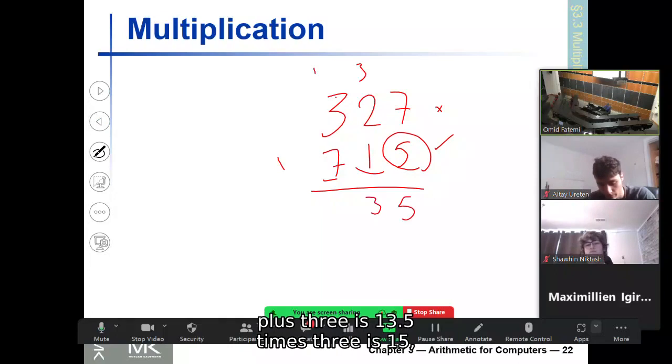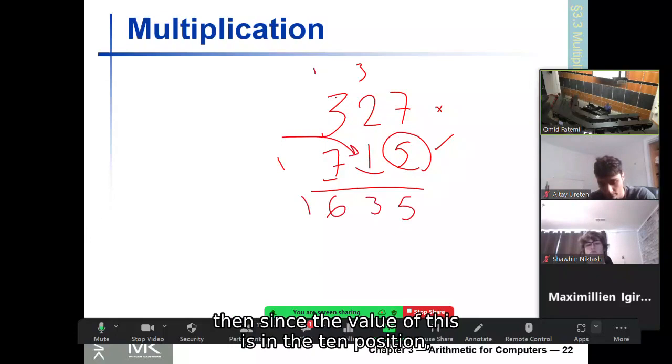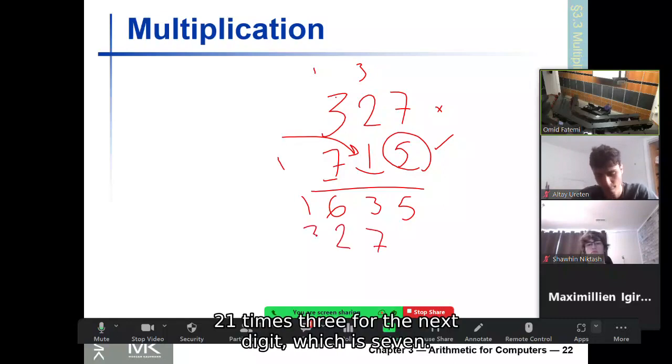And 5 times 3 is 15 plus 1 is 16. Then for the next digit, since its value is in the tens position, we have to shift the result one to the left. So 1 times 7, 1 times 2, 1 times 3.